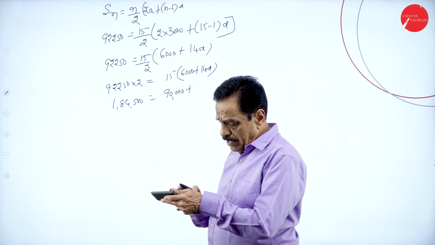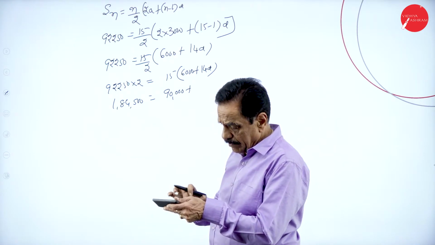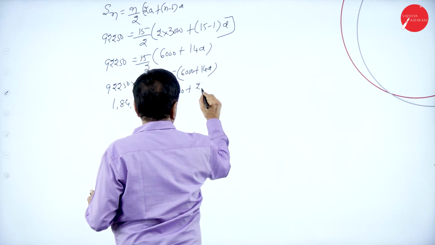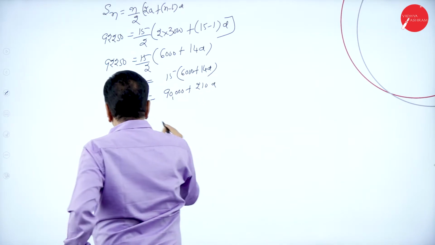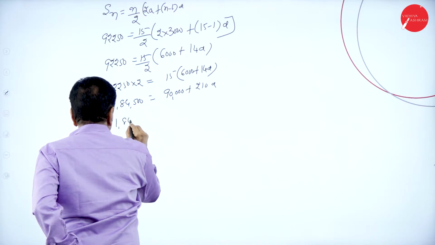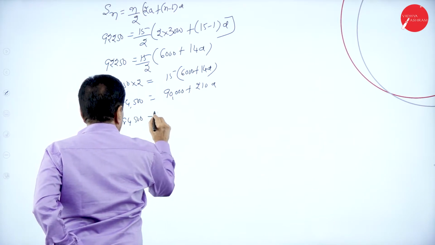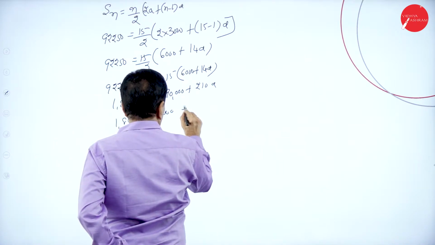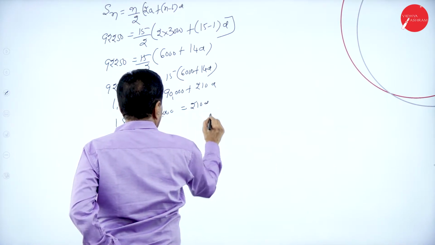15 into 14, 210D. You take 1,84,500 minus 90,000 is equal to 210D.